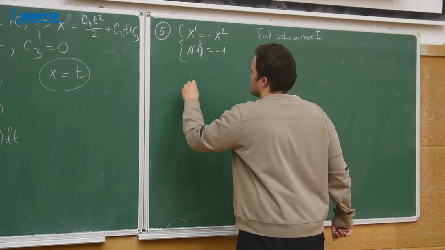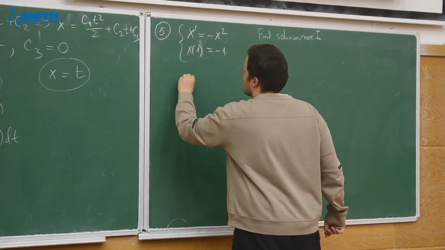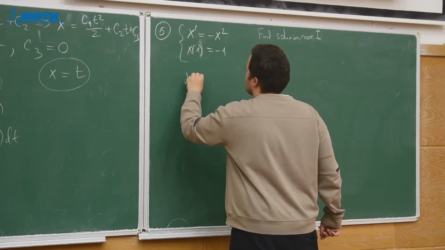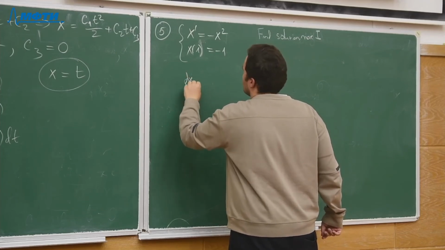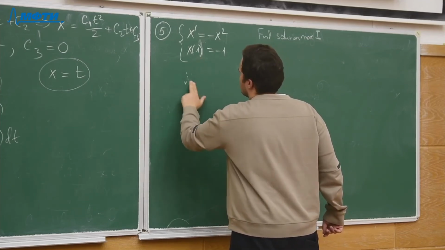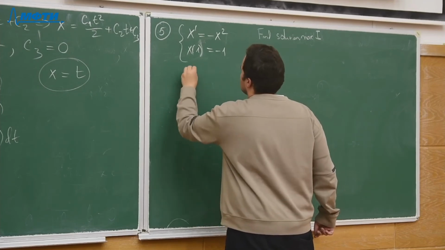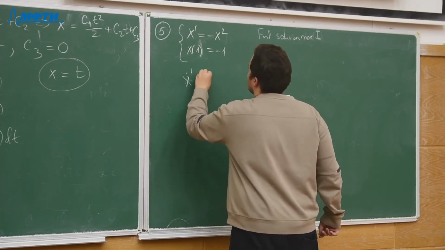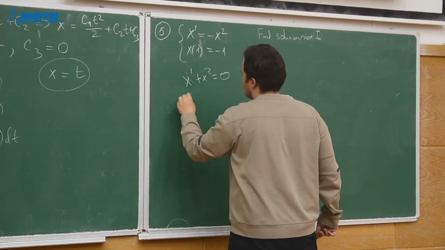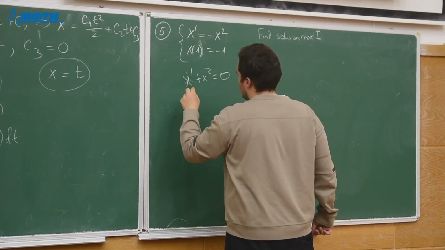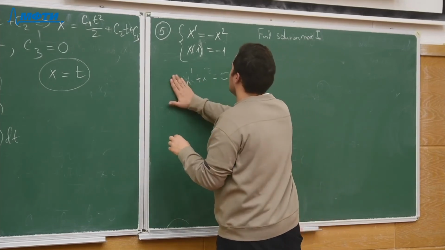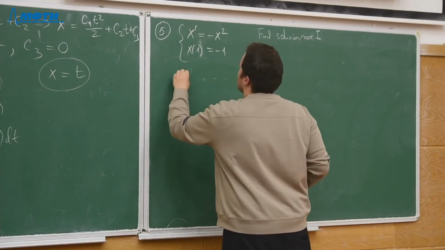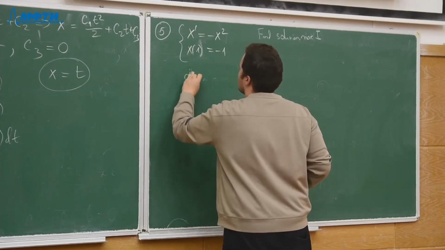So rewrite it first. It's better to separate variables. Right. So write x prime as dx over dt.